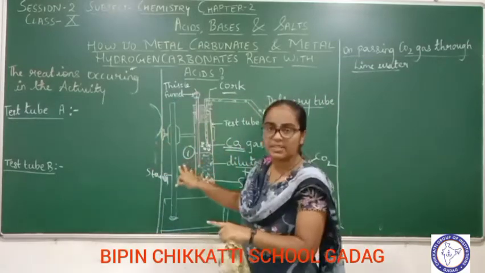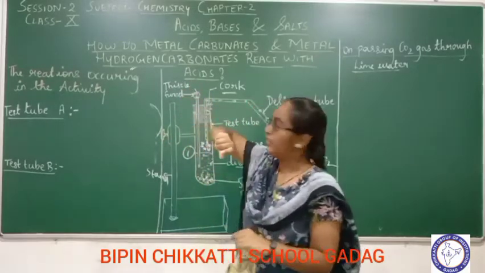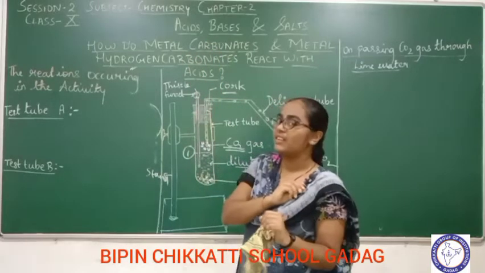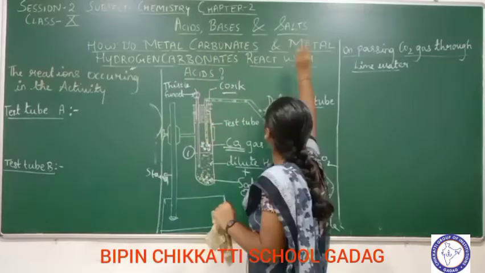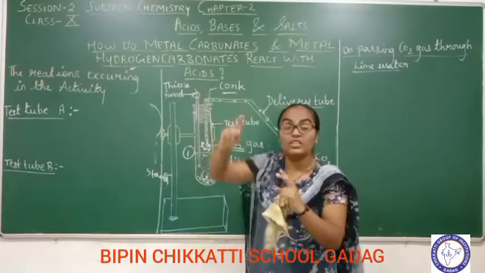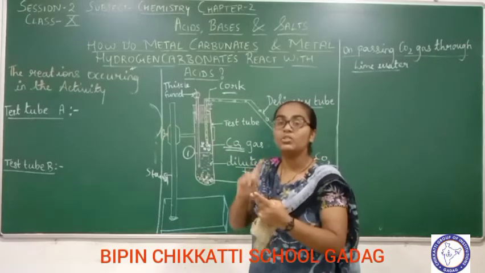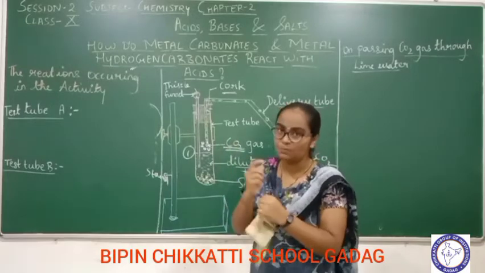Here we have represented with 1 and 2, but now two reagents we are considering. The first reagent was metal carbonate. The second reagent was metal hydrogen carbonate. So these are the two reagents. In order to react these two reagents with dilute hydrochloric acid, it has to be represented with two test tubes, right?